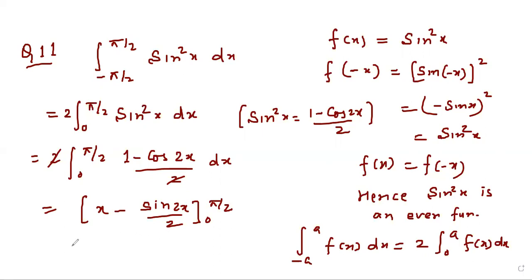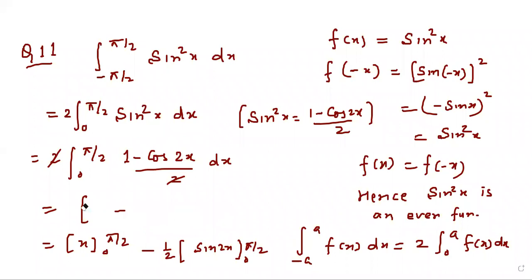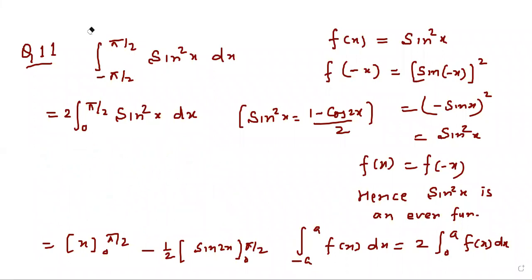Now we can split the limits: x from 0 to pi by 2, minus 1 by 2 sine 2x from 0 to pi by 2. Now we put the limits.